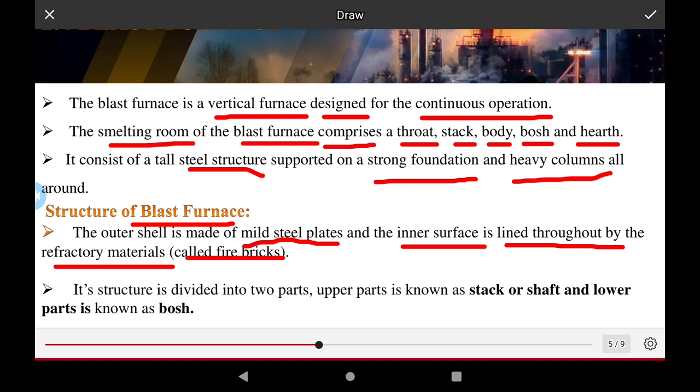Its structure is divided into two parts. The upper part is known as stock or shaft, and the lower part is known as boss.